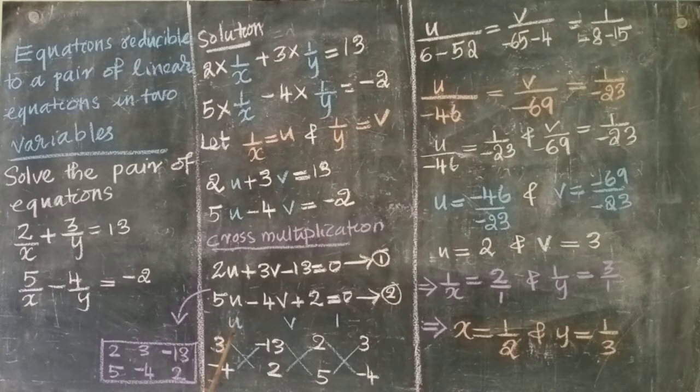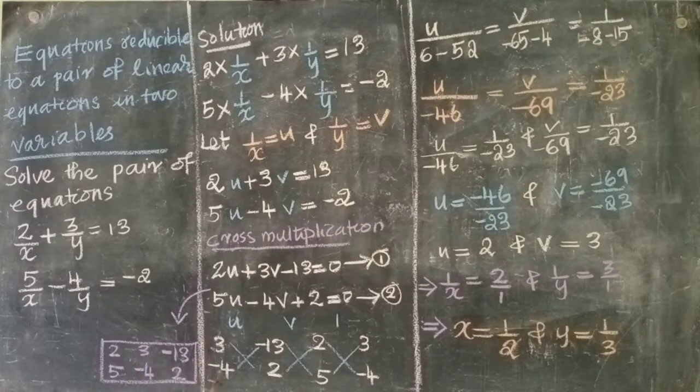Then for the cross multiplication method, first you have to write the variables u, v, then 1. After that, first you need to write b1 and b2. You have to start from here.